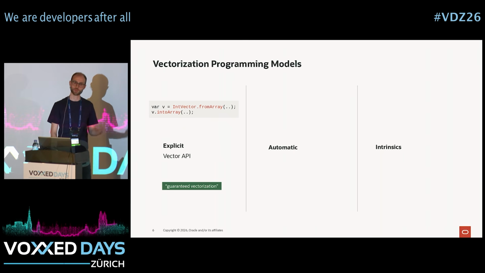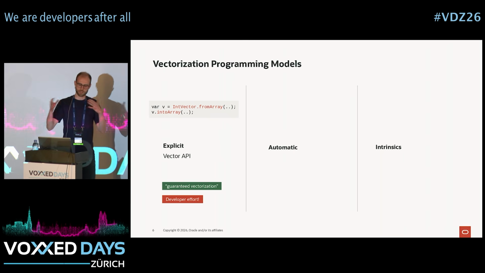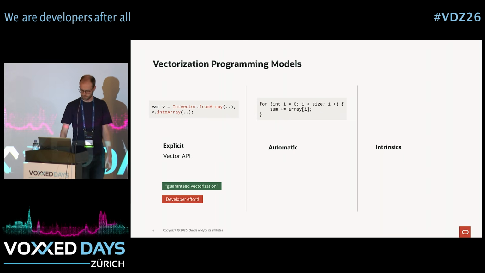So the cool thing is if you use something like the vector API, you're already writing your algorithm in vectors, and then the one-to-one translation to vectorized assembly instructions is a bit more guaranteed than other techniques. But of course, for you as a Java developer, this requires more time to think about your algorithms in terms of vectorized instructions rather than just single elements or whole data structures.